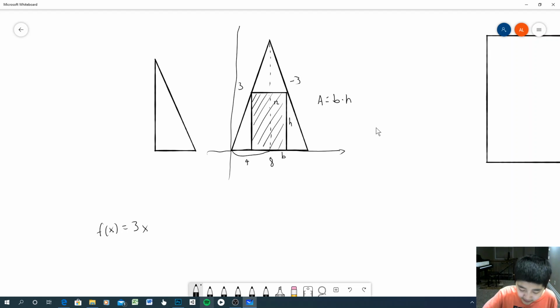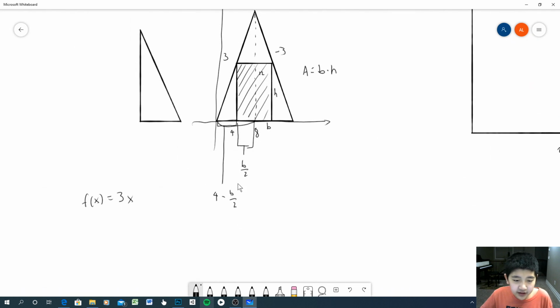And then since we split it from the middle, this is b over 2, which is also nice to know. What we really want to know is this, so we can substitute it back into this function. So now we know that this is 4 minus b over 2. If we substitute this in, we get h equals 3 times 4 minus b over 2, and if we simplify that, we get 12 minus 3 over 2 b.